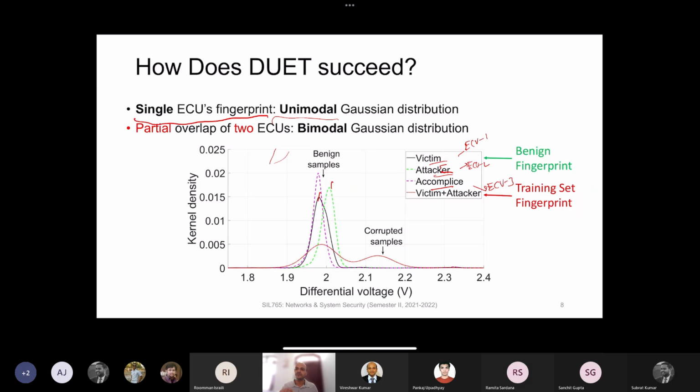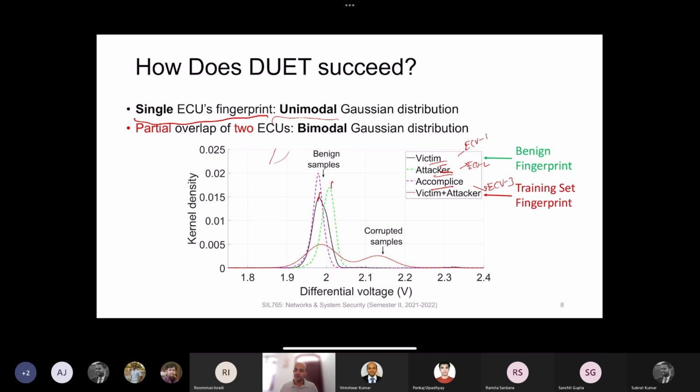The adversary had to paint some letters on that stop image in order to fool the machine learning algorithm that is utilized by an automobile. So here we also have to create some malicious data set. I also said that just one individual ECU cannot change its voltage fingerprints because there are hardware restrictions.